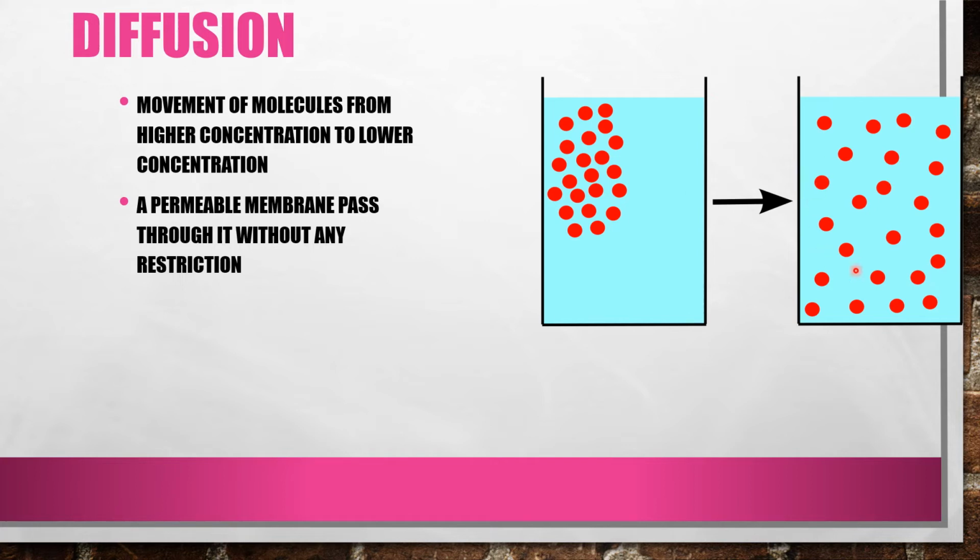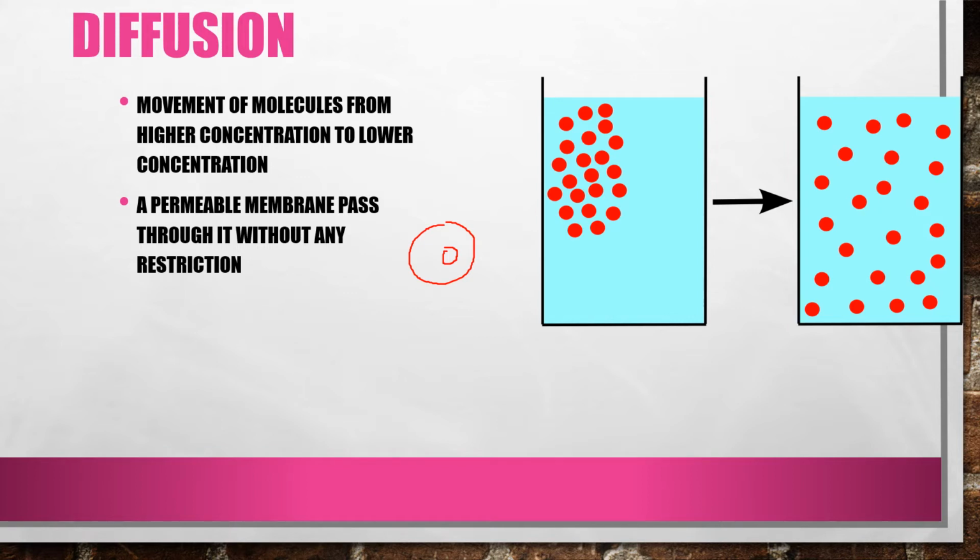The place without salt is a lower concentration. In the diffusion method, the salt spreads from higher concentration to lower concentration. Similarly, in our cell, this is the cell, and inside is the nucleus.